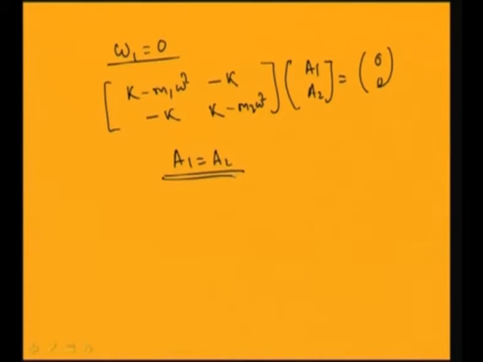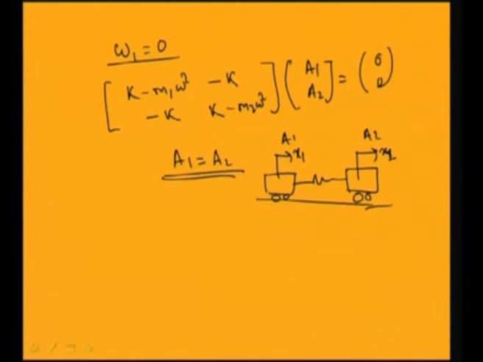So a1 equal to a2 means both the masses, so this is x1, this is x2. So amplitude a1 equal to a2, that means both the masses will move in the same direction with the same amplitude, that means there will be a rigid body motion in the system.